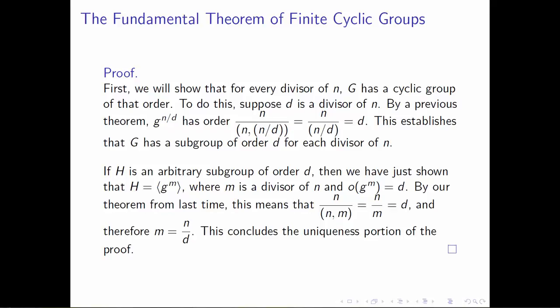But because m is actually a divisor of n, the GCD of n and m is m. So this quantity simplifies to n over m, and this must be equal to D.